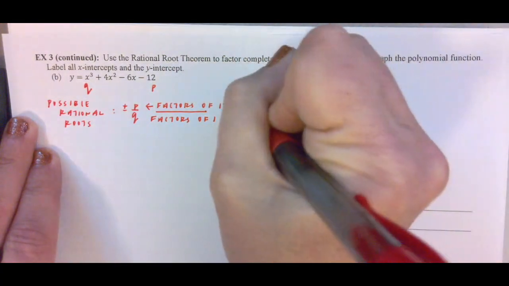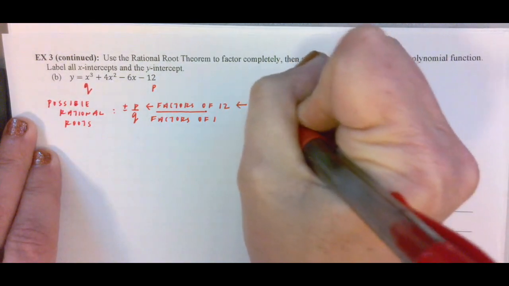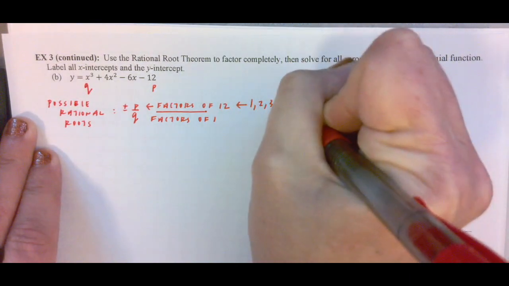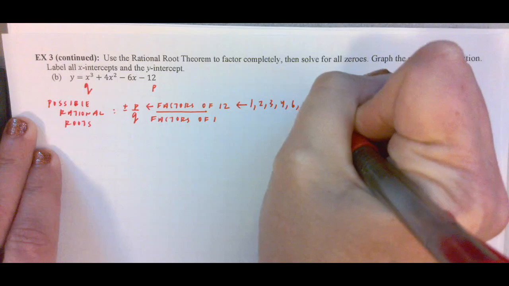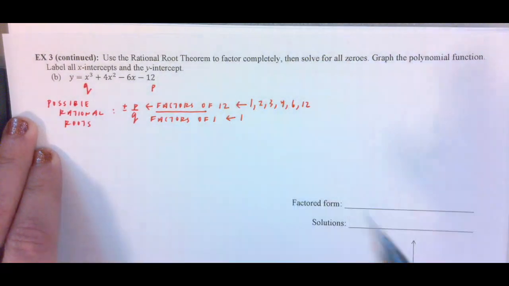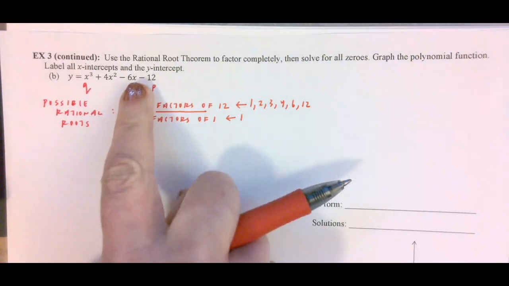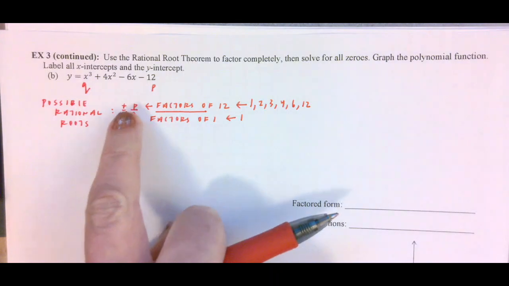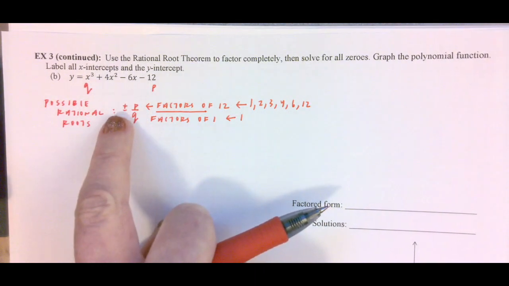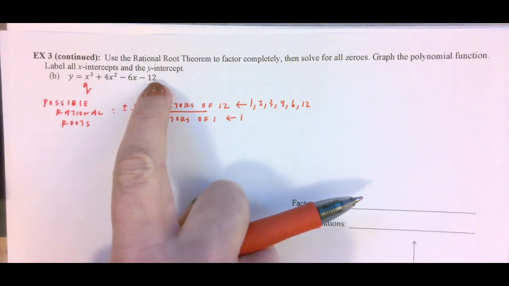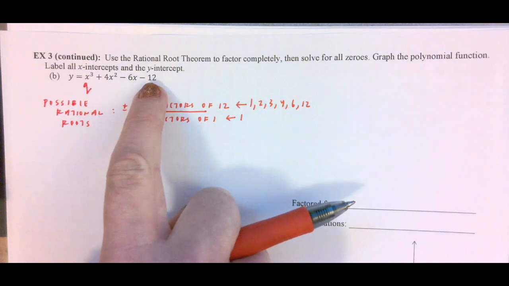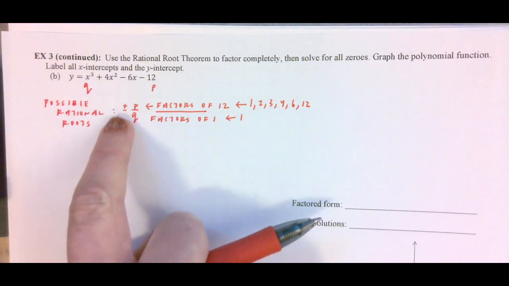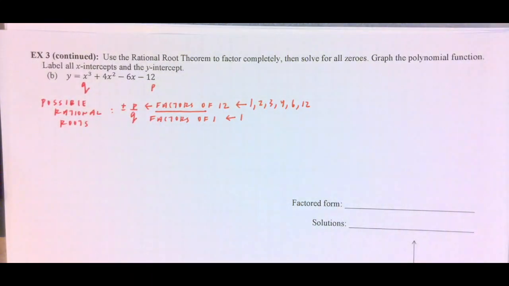Okay, so here that would be 1, 2, 3, 4, 6, 12, and 1 is easy, right? That's just 1. So here I didn't carry the negative with it because I'm going plus or minus anyways. So I'm always thinking of what p is right there. I'm just taking it as positive because, again, I'm looking at all the combinations plus or minus anyways.